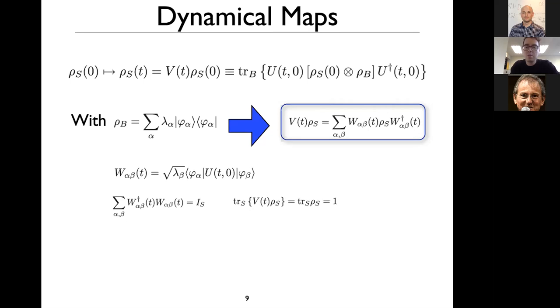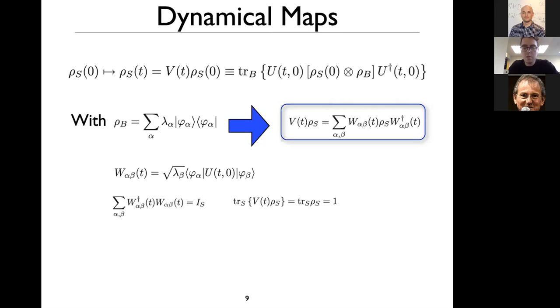If we apply the dynamical map to our reduced density matrix, we evolve it from some initial time to some later time t.